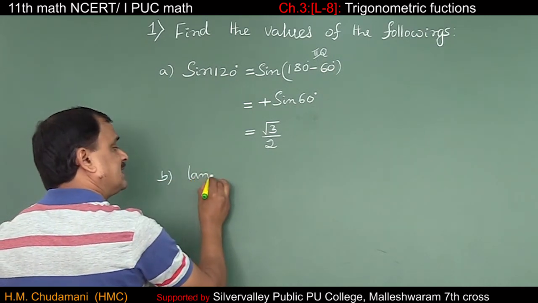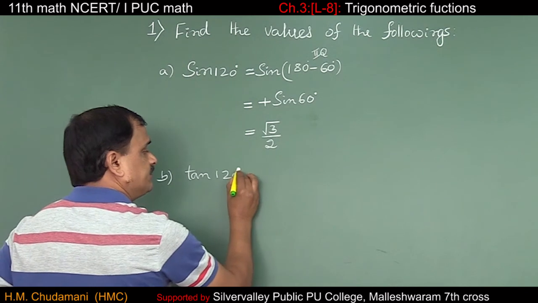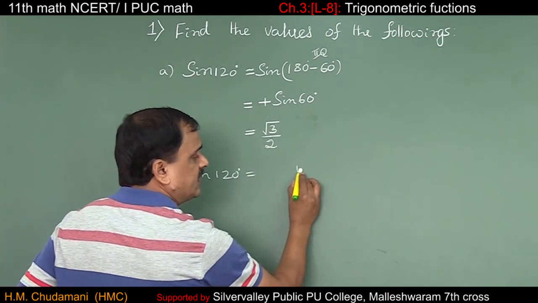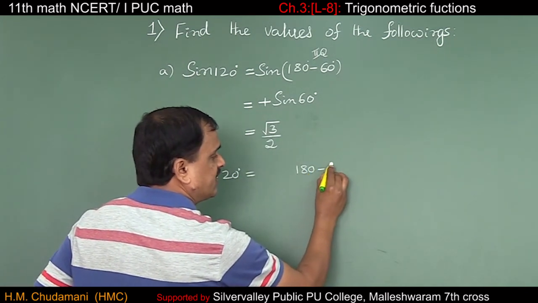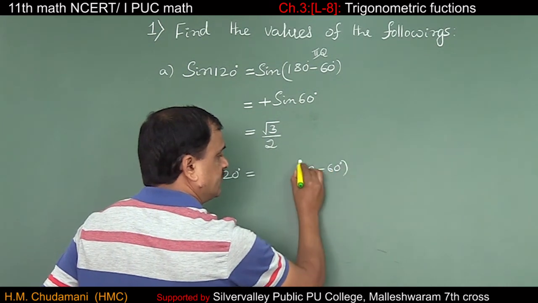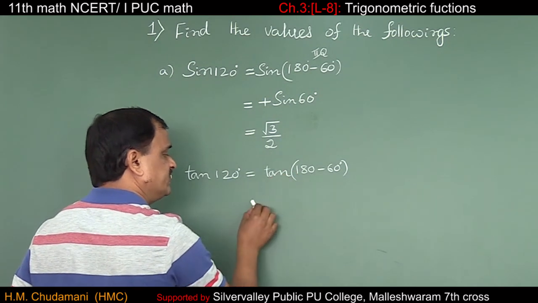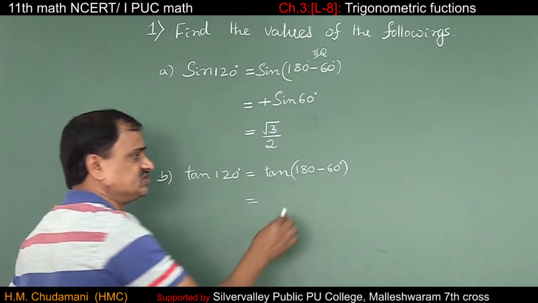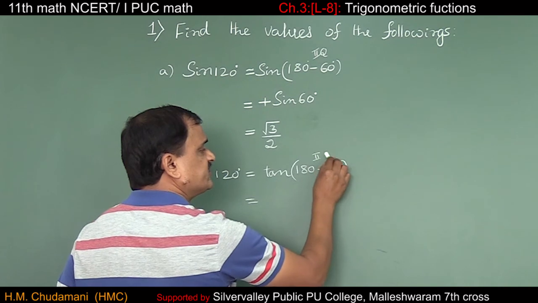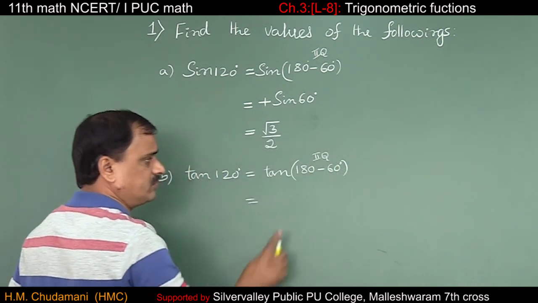Then tan 120 degree. Again 120 can be written as 180 minus 60. Tan 120 degree means tan of 180 minus 60. So 180 minus theta, this is of the form.